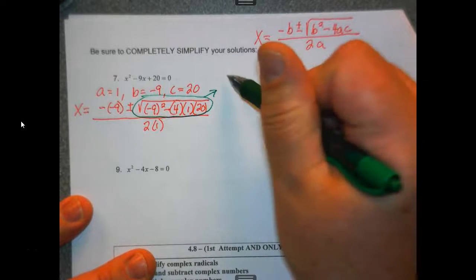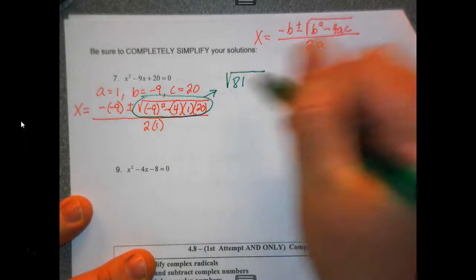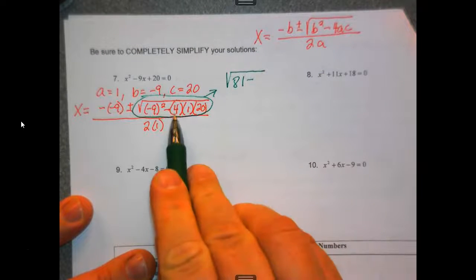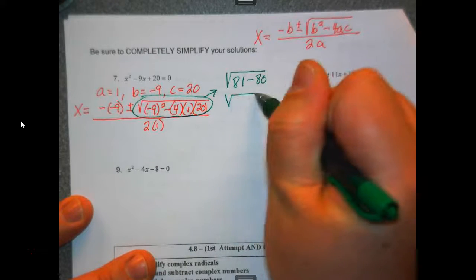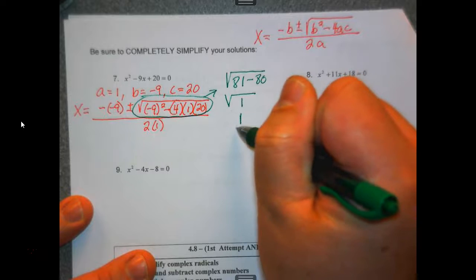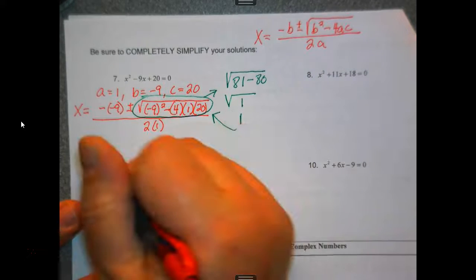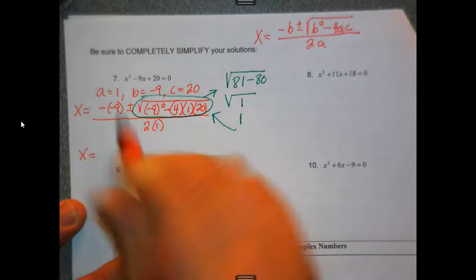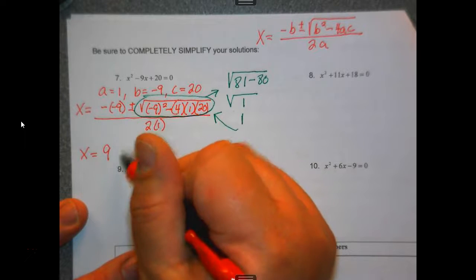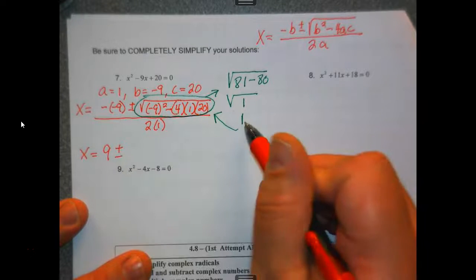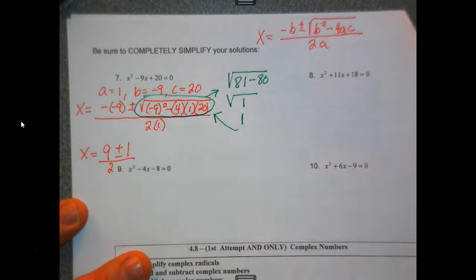I have the square root of negative 9 squared is 81 minus 4 times 20 is 80. This is the square root of 1, which is just 1. I replace the whole radical with the number 1. So I have x equals negative 9 is positive 9, plus or minus 1 divided by 2 times 1 is 2.